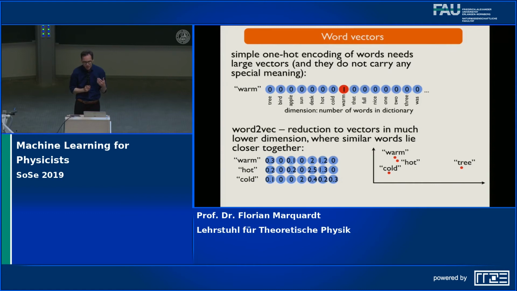And now if you want to split a text into words instead of characters, and you want to represent this as input to your neural network, the simplest encoding would again be a one-hot encoding, where you say, my vocabulary has 1,000 words, so I have 1,000 input neurons, and if I pick word number 35, then the input neuron 35 would have 1 and the others would be 0.